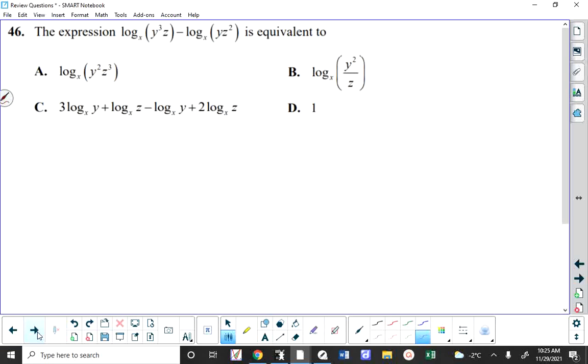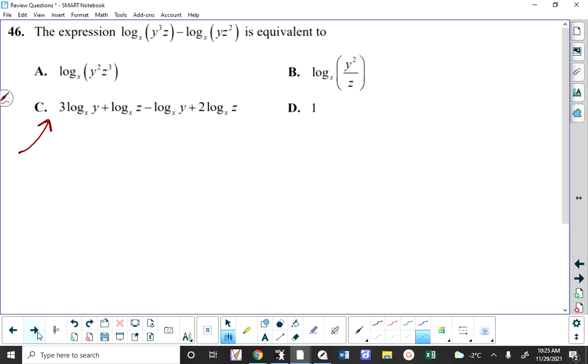So we want to know what this is equivalent to. There are a couple of options here. One of the options is we could take this logarithm, log base x of y cubed z, and tear it apart into separate logarithms. And I'm going to do that first. The only reason why I'm considering that is I see over here there's one where we've got separate logarithms everywhere, right?